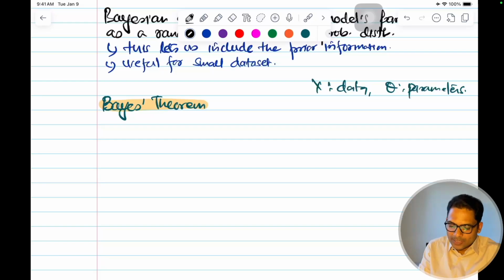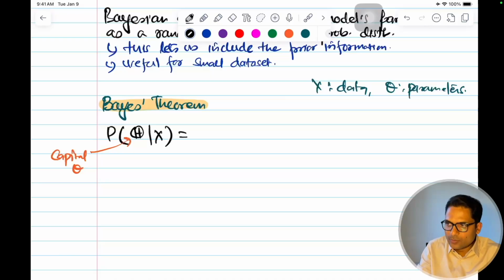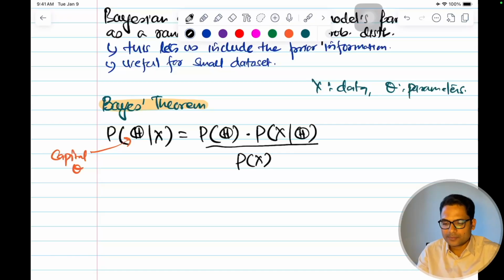Bayes theorem: probability of theta given my data x is equal to probability of theta alone times probability of x given theta, divided by probability of x. This is capital theta.